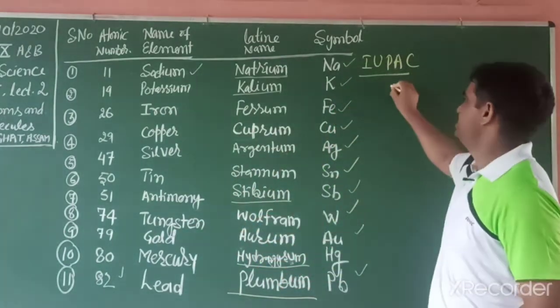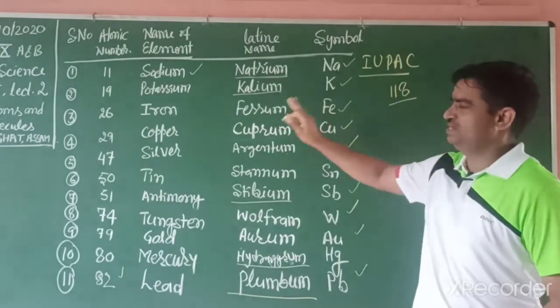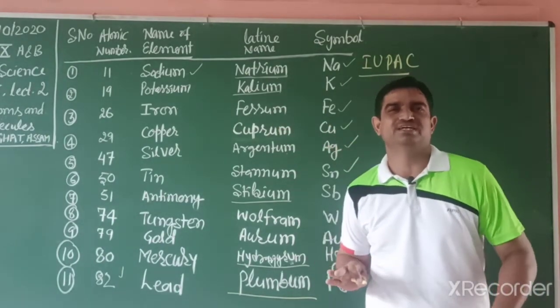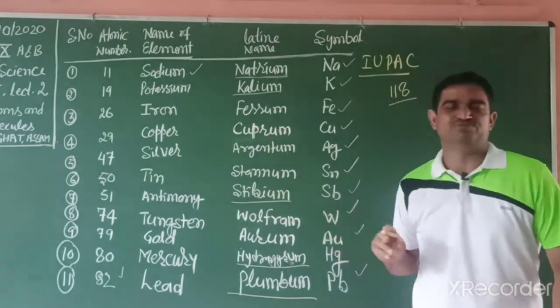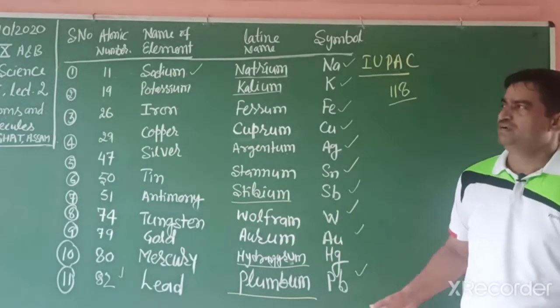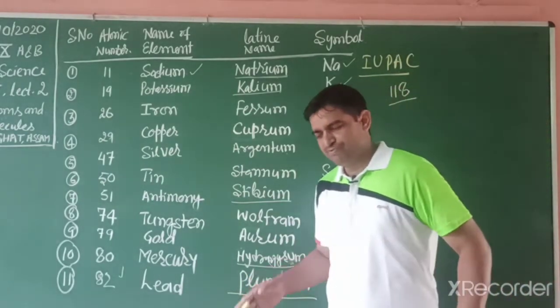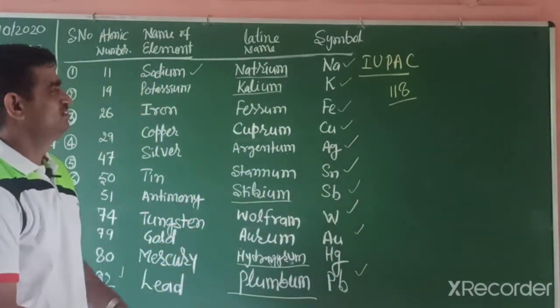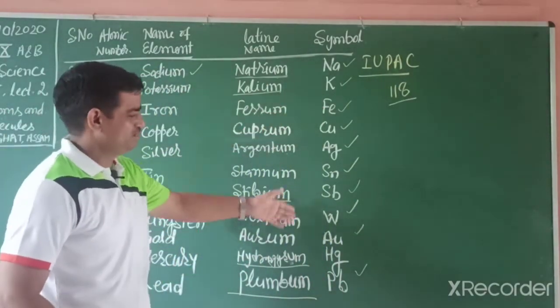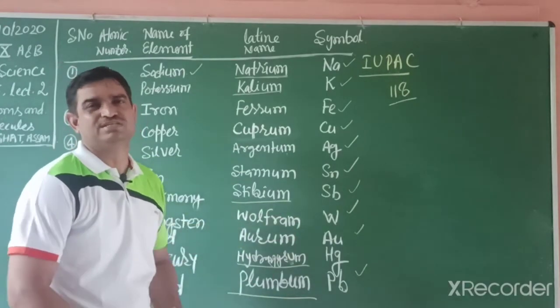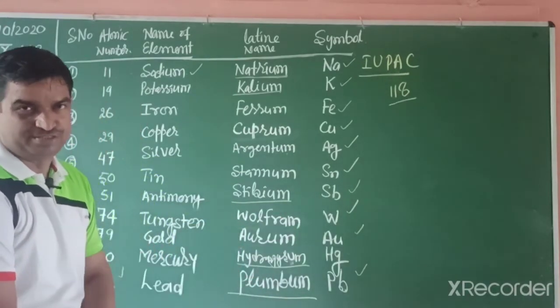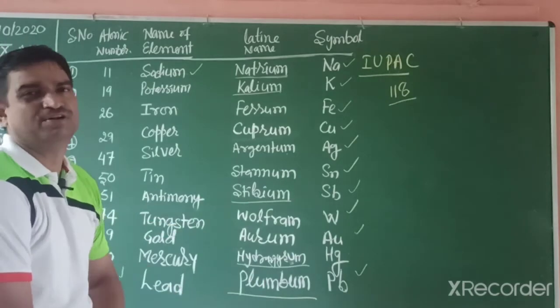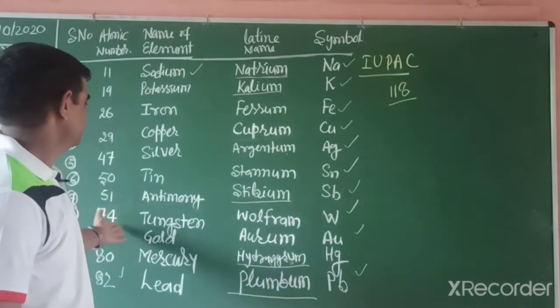Out of 118 elements, only 11 elements are of this type, whose symbols are derived from their Latin names. They are very important when you study in 11th class, 12th class and higher studies. They come in exams, and sometimes in general knowledge they ask, what is the symbol of tungsten?